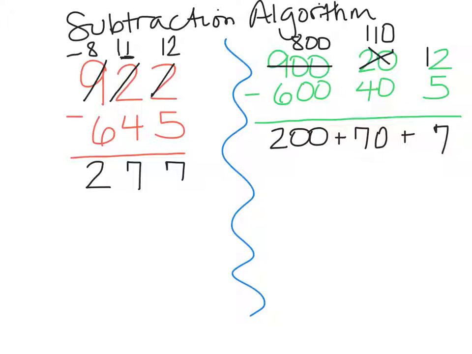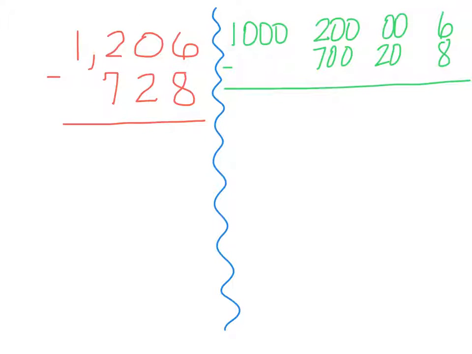All right, let's do one that involves thousands. I've got the problem set up: 1,206 minus 728. And if you look on the right, I've got my 1,200, I have no tens, and I have 6 ones, and then 700, 20, and 8.